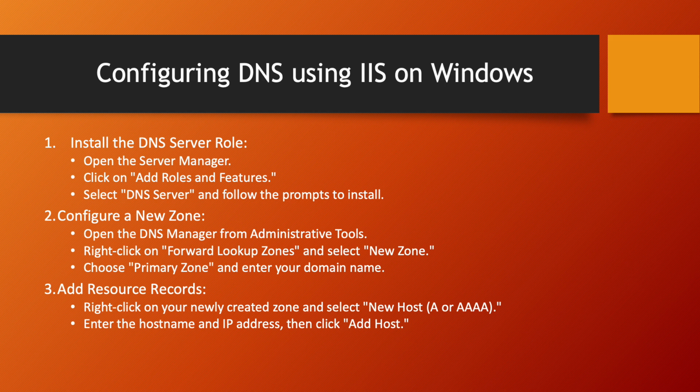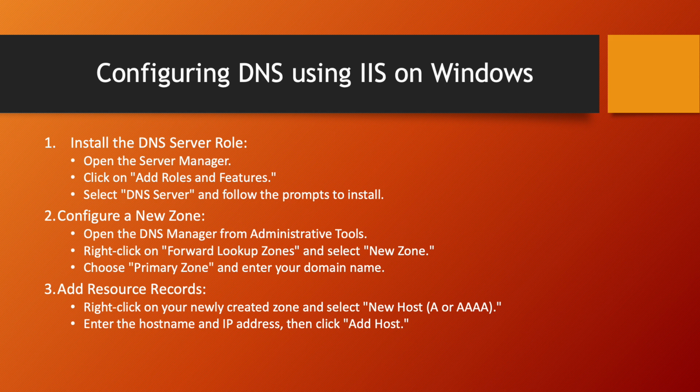Configuring DNS using IIS on Windows. So first, install the DNS server role. Open Server Manager and click on Add Roles and Features. Select the DNS server and follow the prompts to install. Configure a new zone. Open the DNS Manager from Administrative Tools.